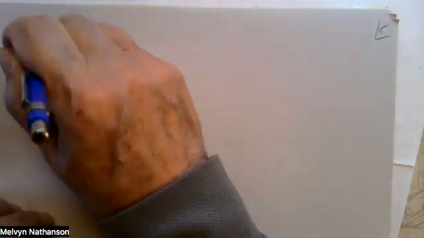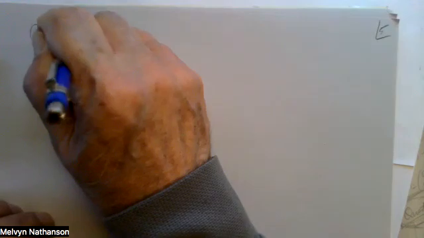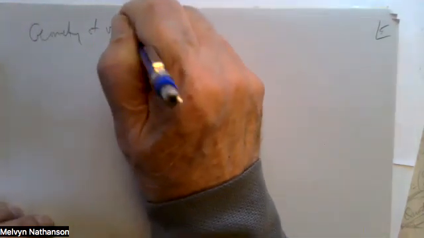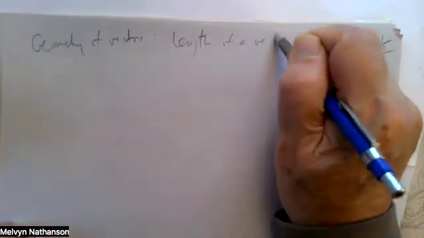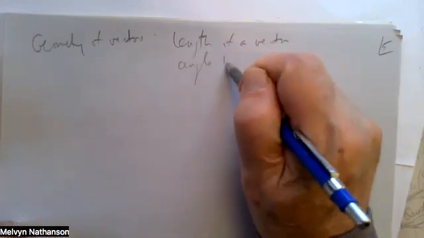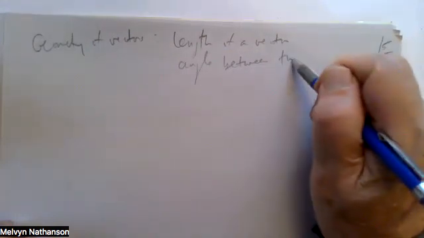All right, now there are two important things left for us to discuss in this semester. What we haven't talked about yet is anything like what you might call the geometry of vectors, the length of a vector, or the angle between two vectors.